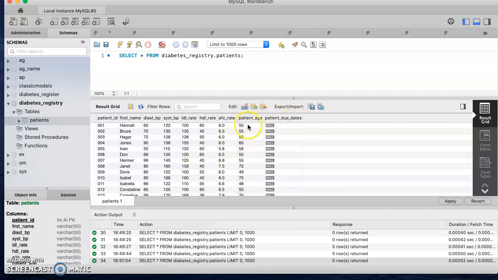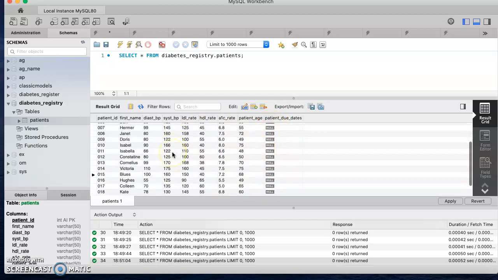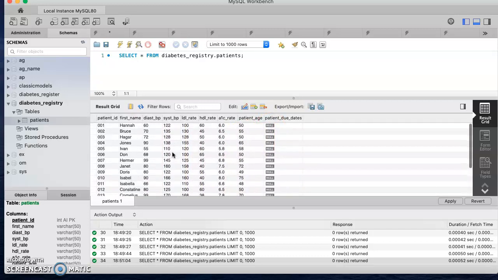And the due dates, I haven't added any dates there yet. I intentionally used the null values there, the null commands, just to indicate how much I am working on this database and how I am applying some of the SQL commands.